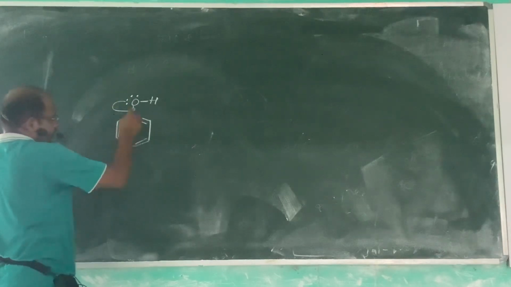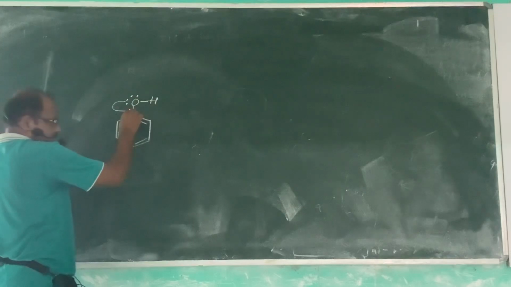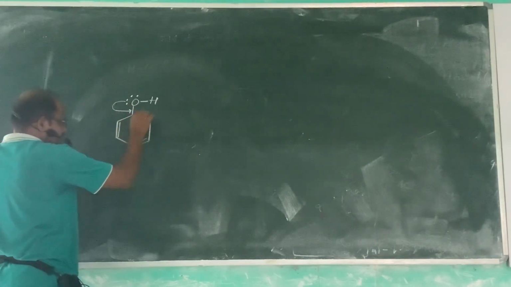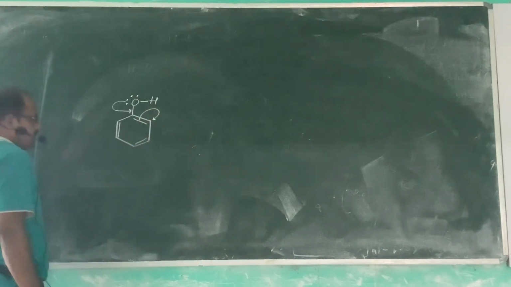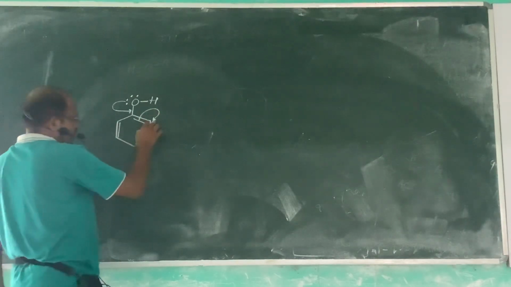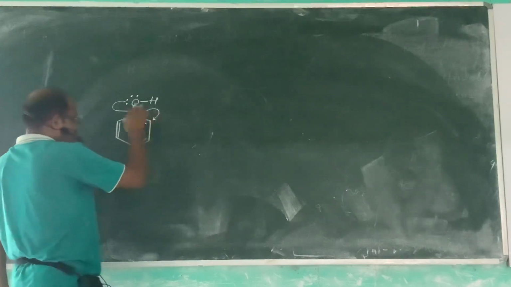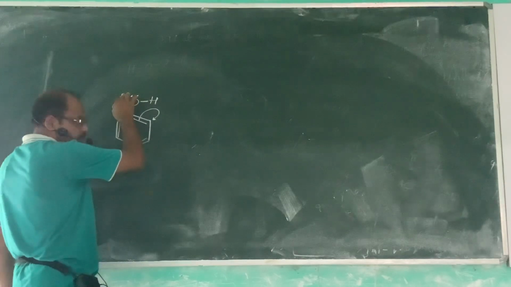As a result, a double bond is formed between oxygen and carbon. Due to formation of the double bond, this carbon atom would have 5 bonds, so this bond immediately shifts into this position. Due to this, the carbon atom contains 2 electrons and acquires a negative charge. Due to donation of electrons, the oxygen atom carries a positive charge.